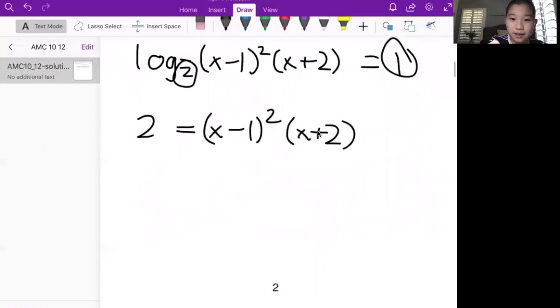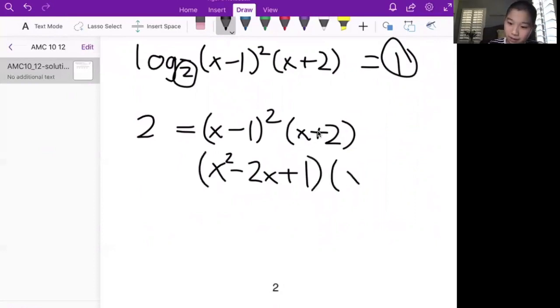Then the right-hand side, we can simplify this a bit. So first, the square becomes x squared minus 2x plus 1, and then you multiply that with x plus 2. Let's multiply each term: x squared with the x gives x cubed.